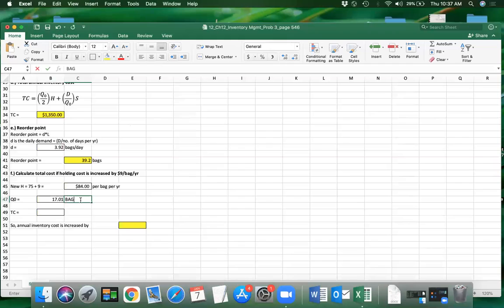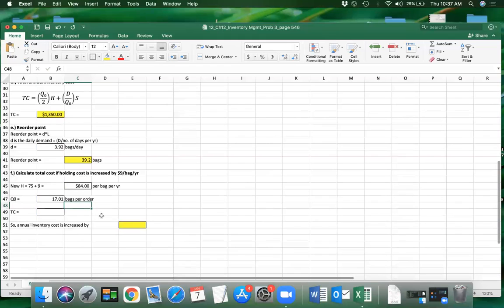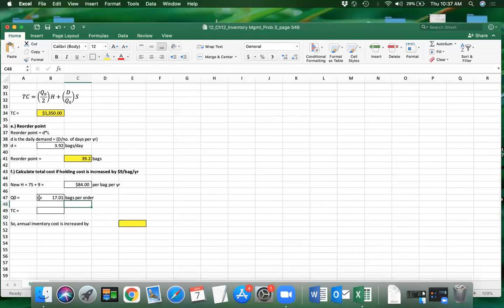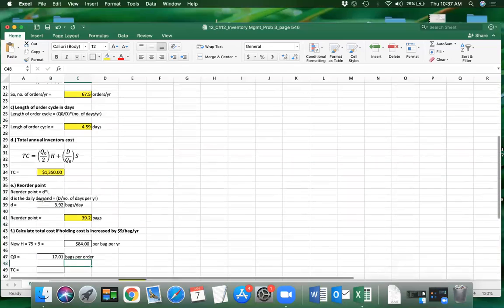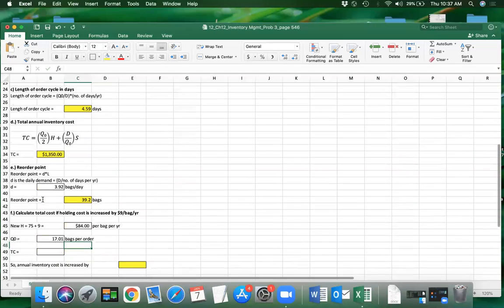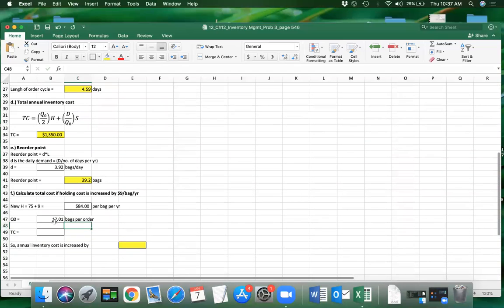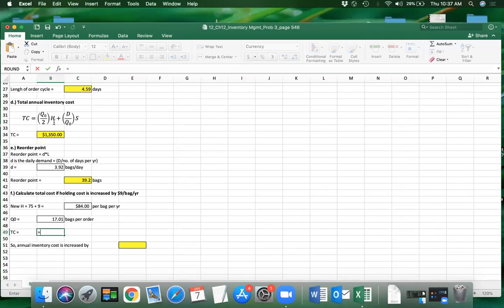Bags per order. This is how many bags I need. So with this new economic order quantity, earlier it was 18 bags, but now we have 17 bags as the economic order quantity because our carrying cost has gone up. So with this new economic order quantity, we can use this formula here again to find the total cost.